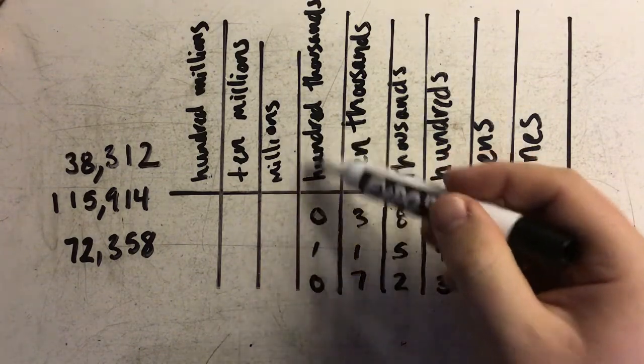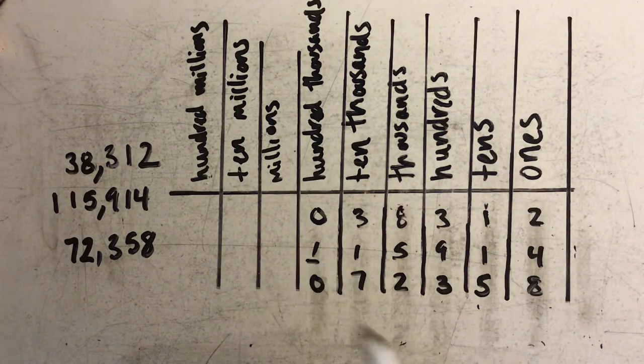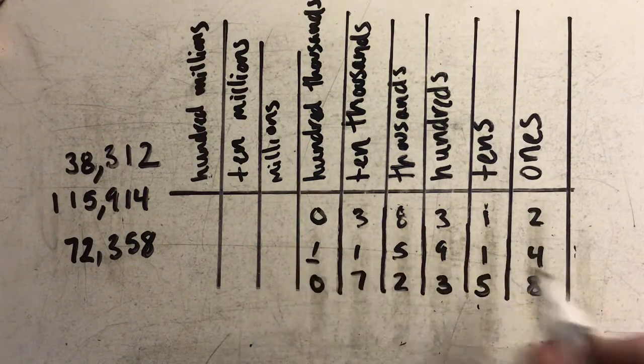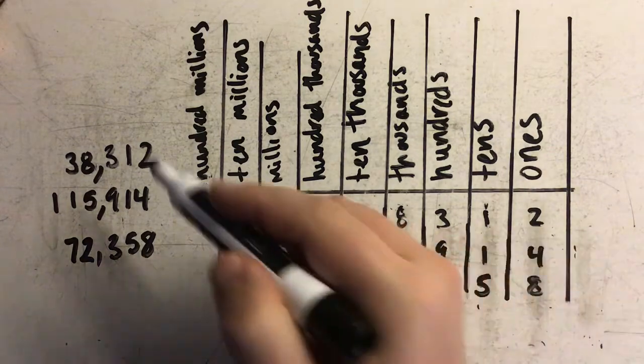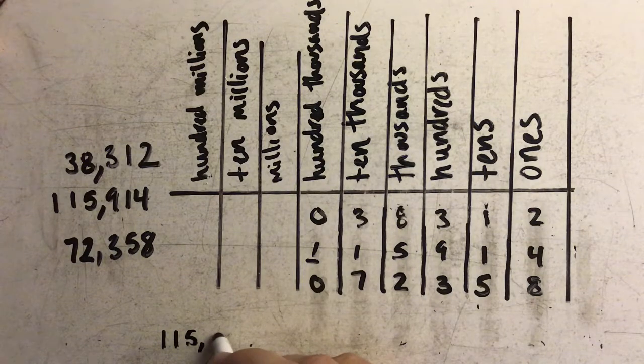And now when I'm comparing the numbers in my hundred thousands column, I can see that that one is going to be my greatest number. So therefore, this entire number would be my greatest number out of the three. So if I'm listing them, I'm going to start with my greatest number.